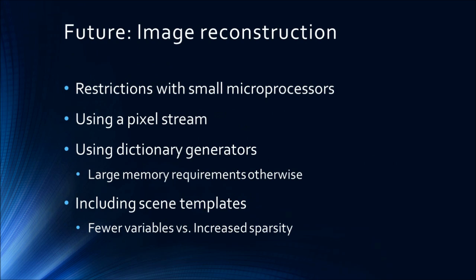Future work is working on our image reconstruction. Small microprocessors, read as ones that are radiation and temperature resistant and have the right power requirements for space, often don't have enough memory for an entire image. They have to deal with a pixel stream coming off the camera, a line at a time.